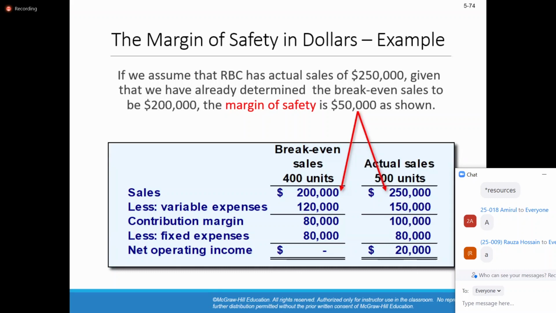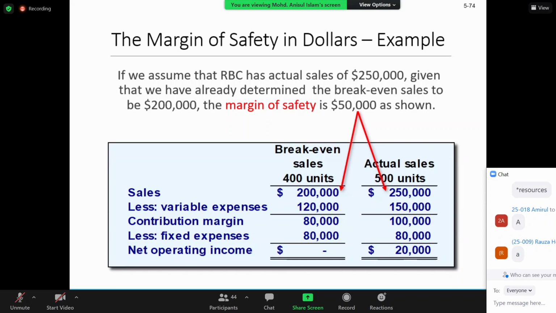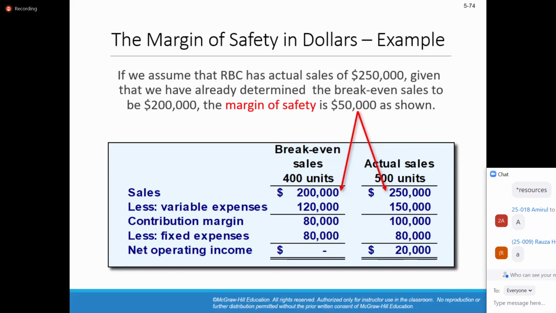So their margin of safety is actually 50,000. There are some conventions that can be used for expressing the margin of safety.